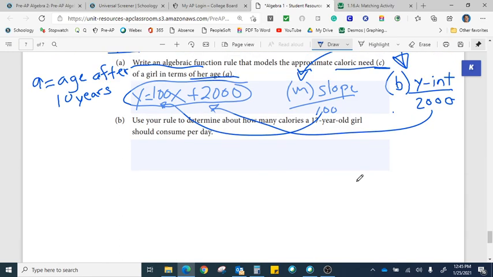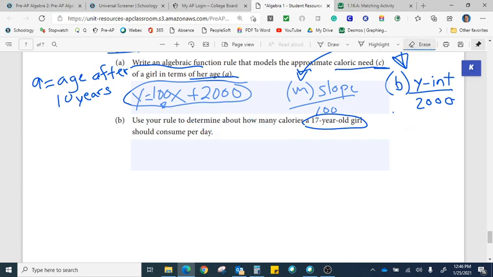All right, it says use your rule to determine about how many calories a 17-year-old girl should consume per day. Okay, so I'm going to erase these things right here. Remember, 17 years old. Well, since we called it A up here, we'll say C was the caloric need.